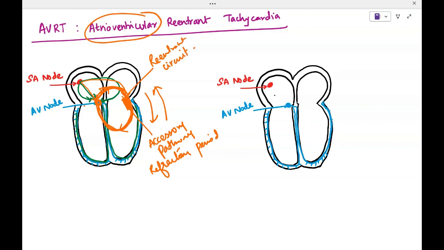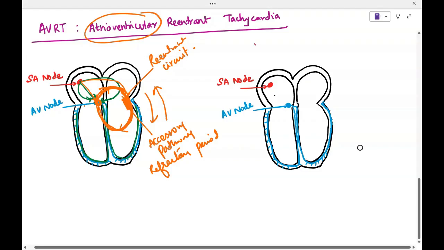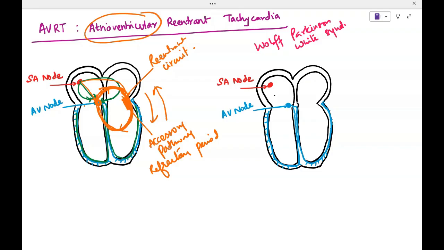A better way to understand this is by understanding an important subtype of AVRT, that is the Wolff-Parkinson-White syndrome. Normally, the bundle of Kent does not have a delay, and the AV node has AV nodal delay.